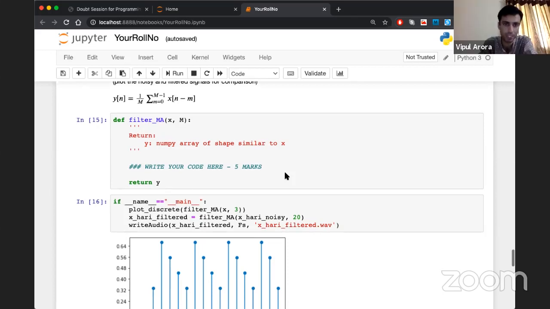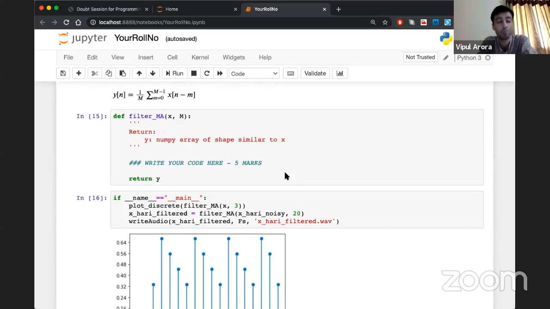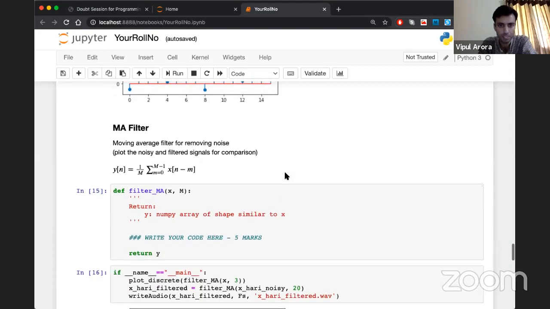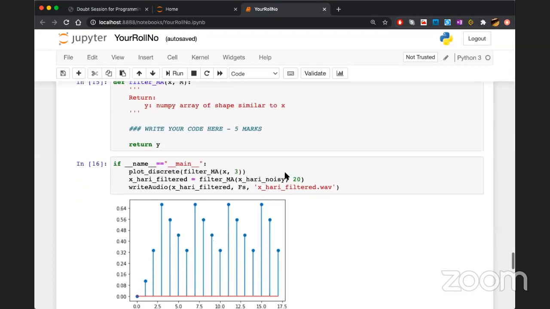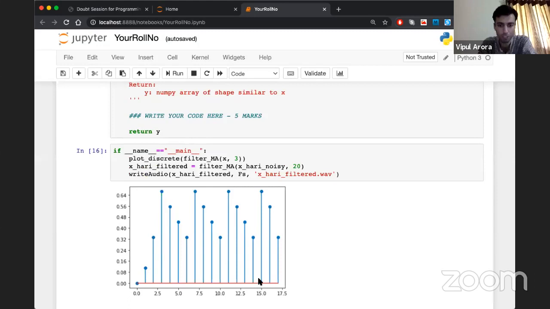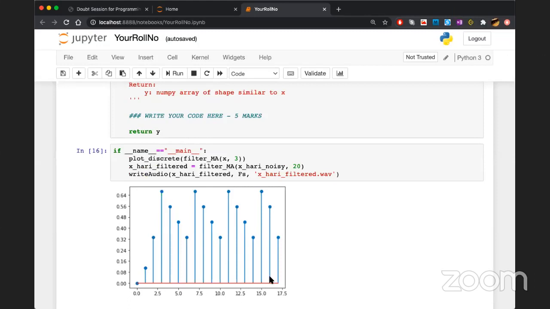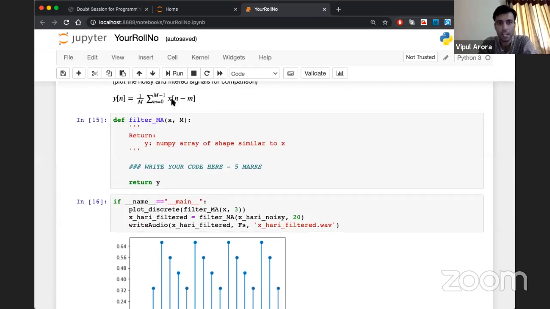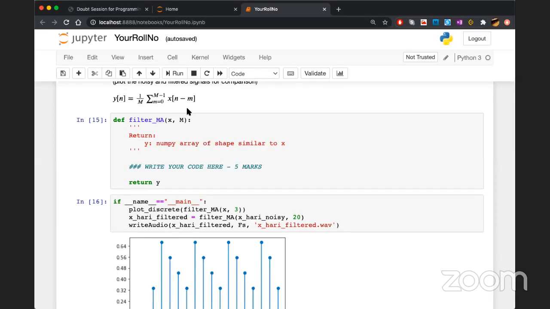Let me tell you the answer. That's why I wrote in the forum also that we are using zero padding. The length of x is 16, so it goes from 0 to 15. Let's say my n is 16 now. x of 16 is 0, but x of 15 and x of 14 are non-zero. Although x of 16 is 0, the previous values are non-zero.